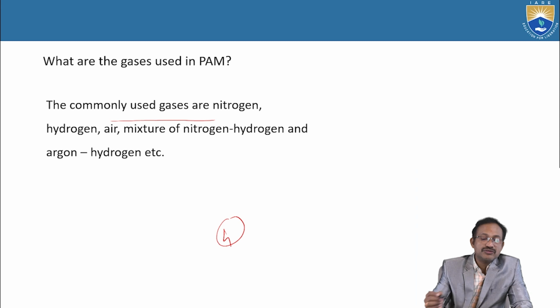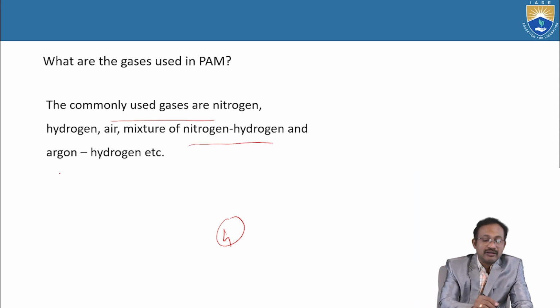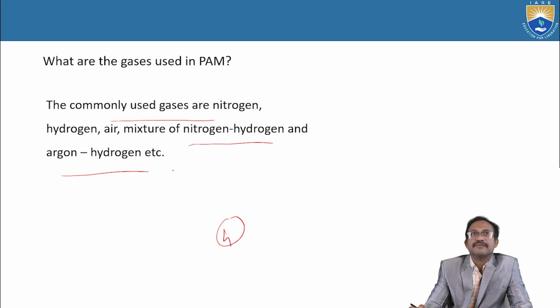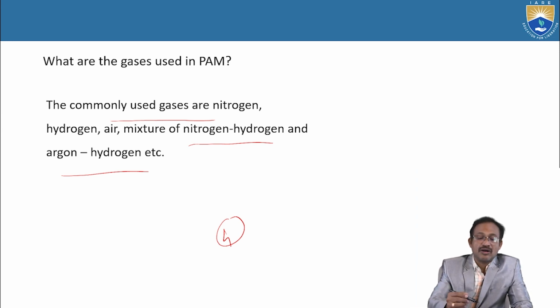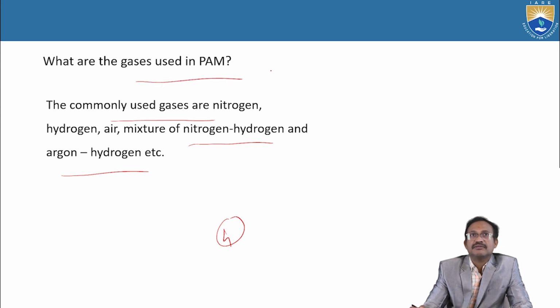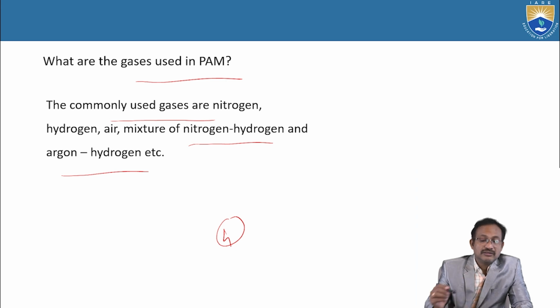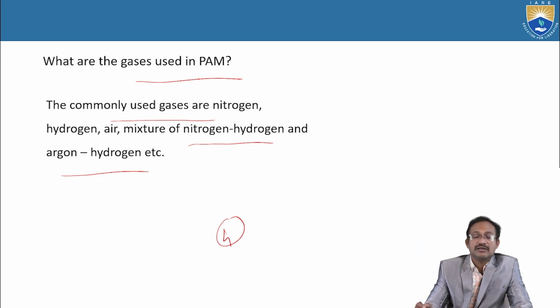The commonly used gases are nitrogen, hydrogen, air, a mixture of nitrogen and argon, hydrogen, etc. These gases and combinations of some gases can be deployed for plasma arc machining.